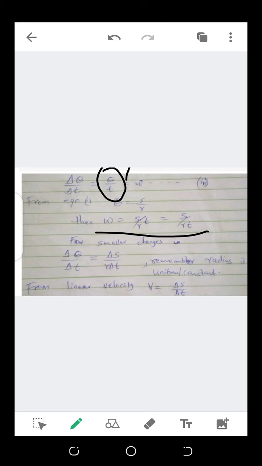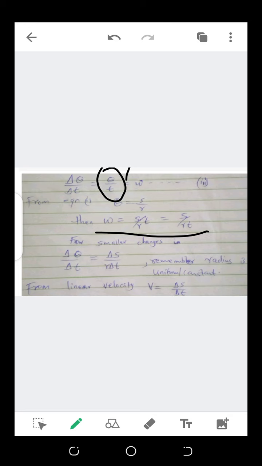Now for small changes, we normally use sigma, but this time I'm using these small triangles to show a change. For small changes, that is change in angular displacement, you divide by change in time, you get change in S, the arc length, divided by R times change in time. Now somebody may ask, why is it that we don't use the change in R?